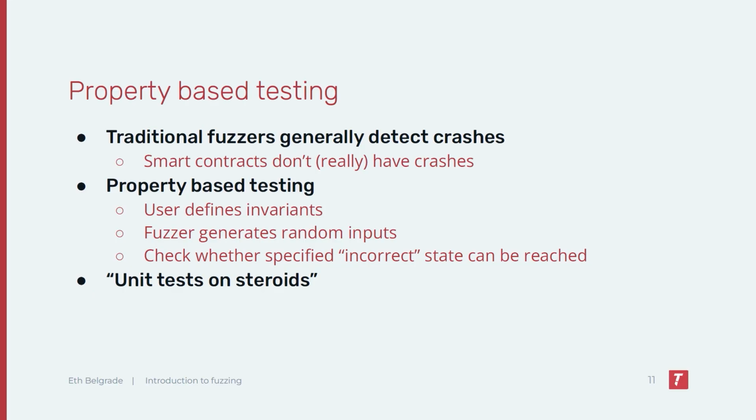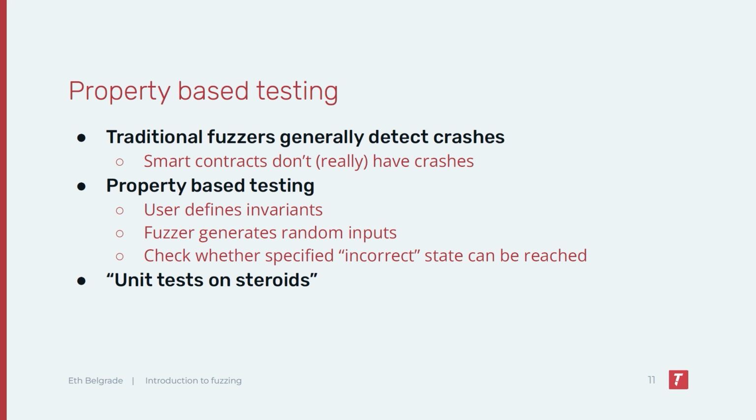Now, property-based testing is a specific variant of fuzzing where traditionally fuzzing is applied to find memory corruption, like segmentation faults, buffer overflows if you have worked with more traditional languages. Here, what we are trying to look for on smart contracts is business logic issues.